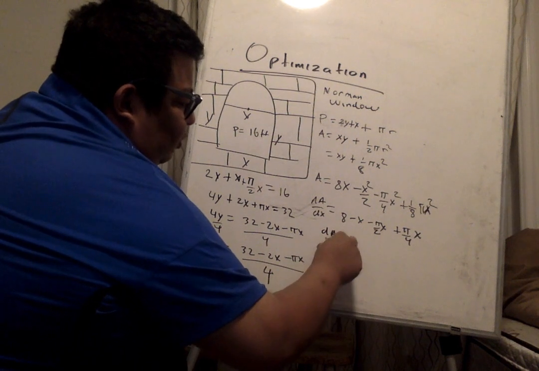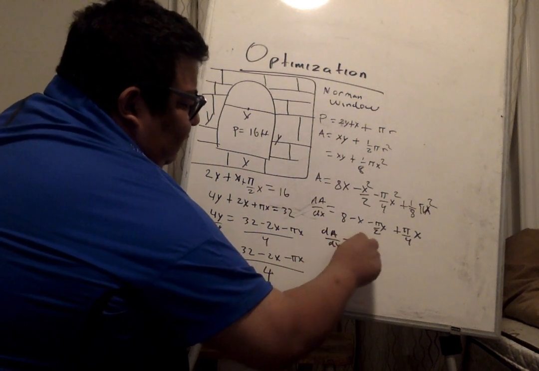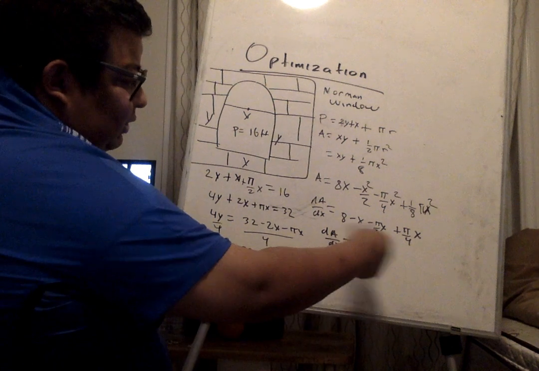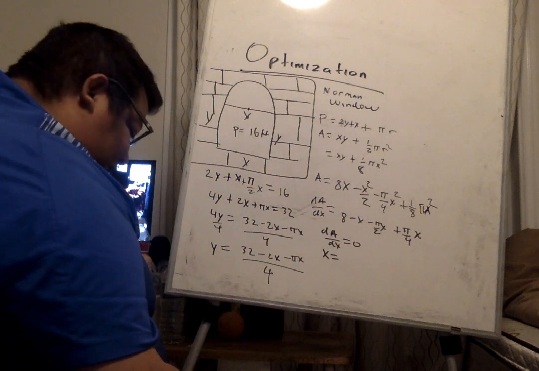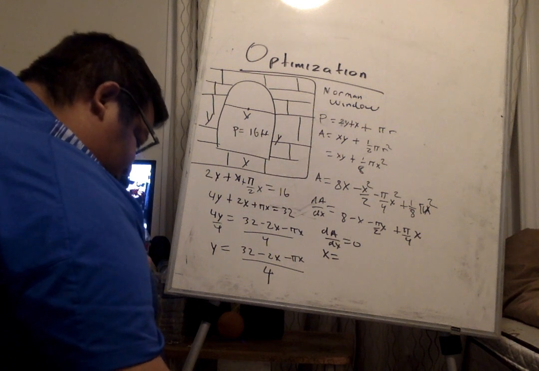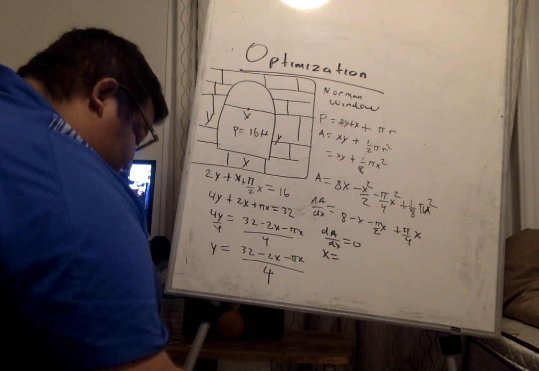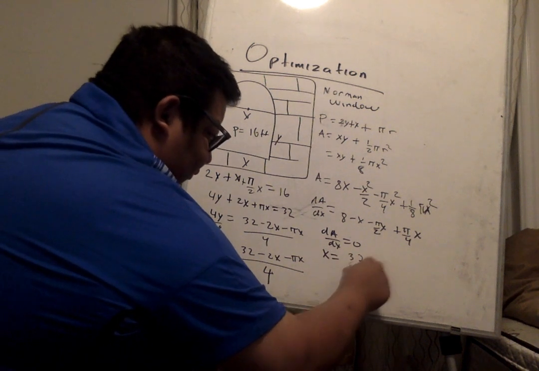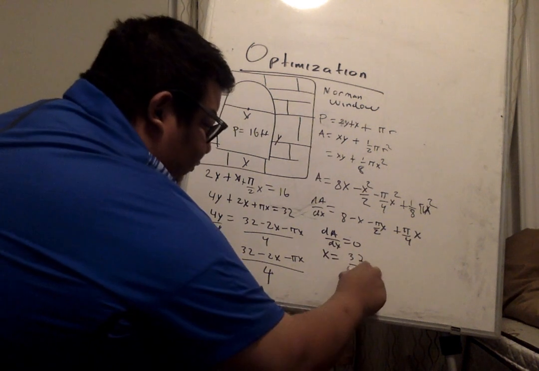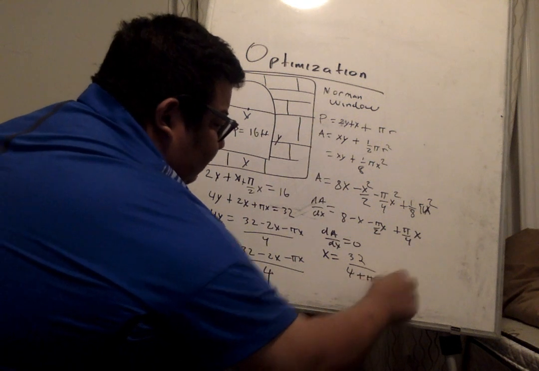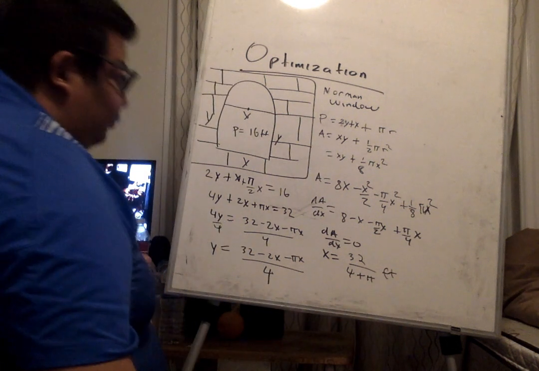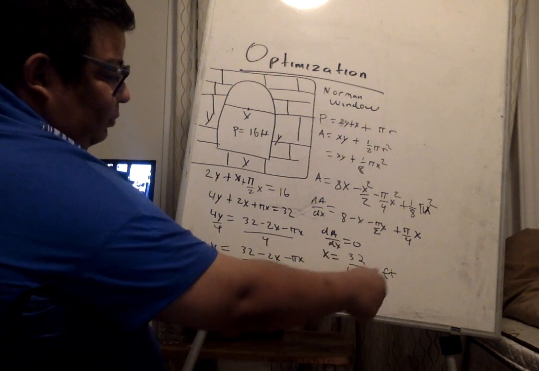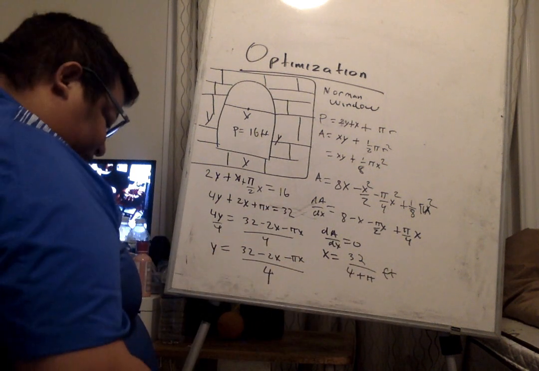Now this is where we're gonna optimize it. We set the derivative equal to 0, and after doing the calculations, you're gonna find that x is equal to 32 over 4 plus pi feet.